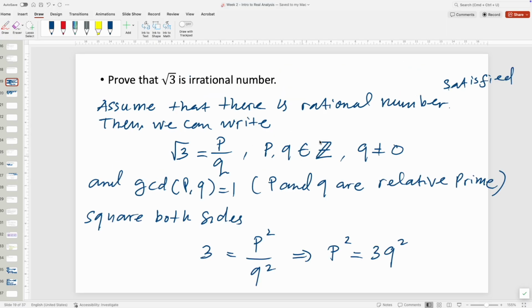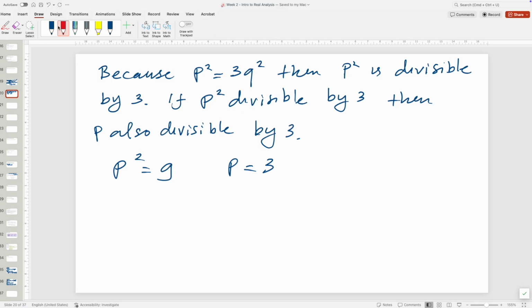So it does not violate the statement. So actually this statement is true. I will leave that for you to prove: prove that if P squared is divisible by 3, then P is also divisible by 3, by using the contrapositive. That is what you should prove.